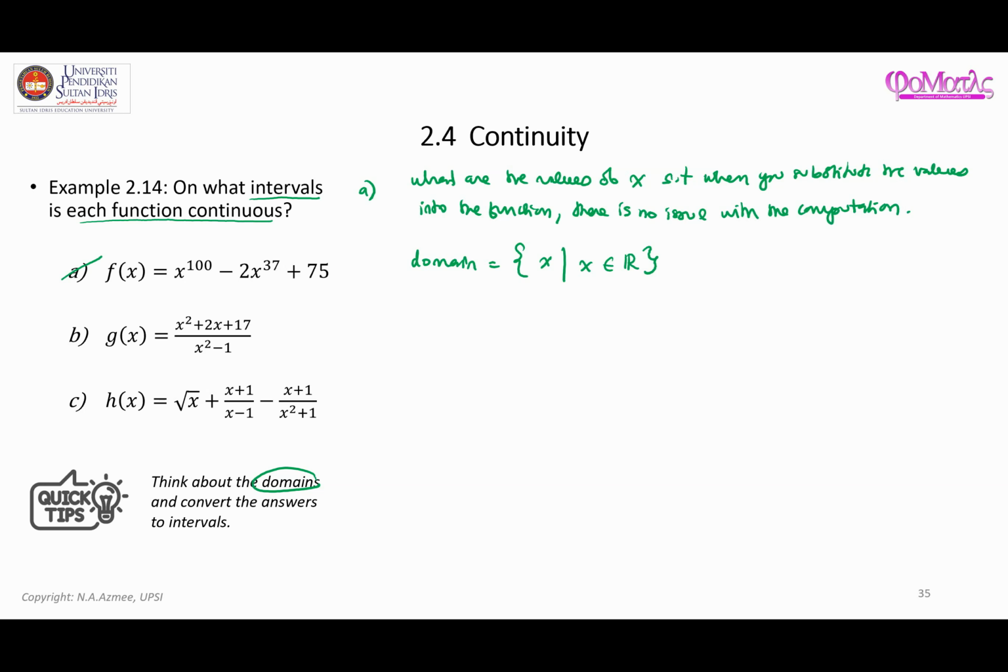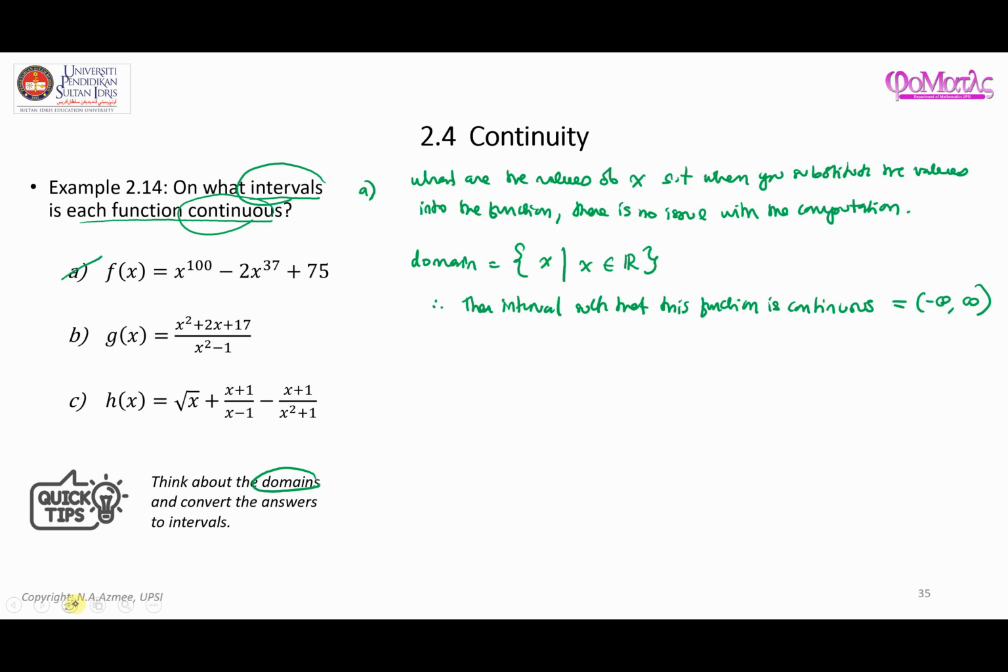The question asks for the interval such that the function is continuous. Since this is all real numbers, the interval is from negative infinity to infinity. Notice that we use round brackets, since infinity is not included.